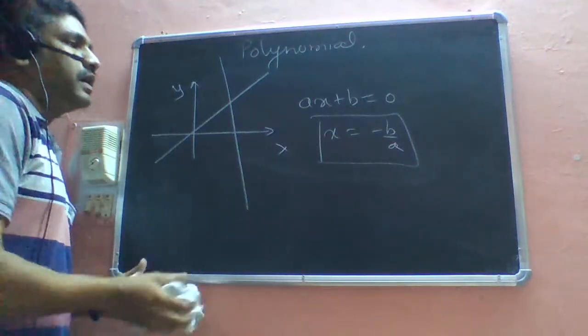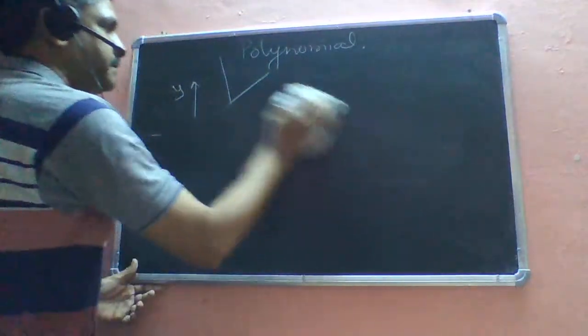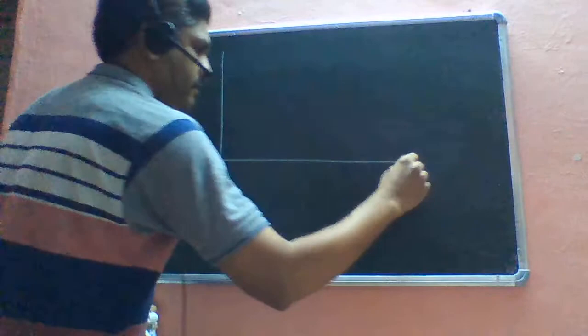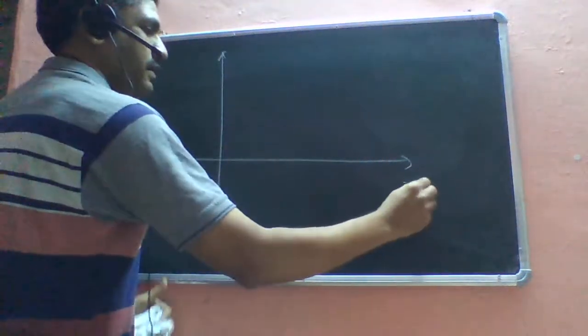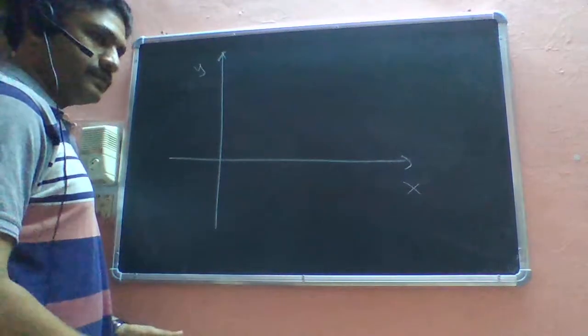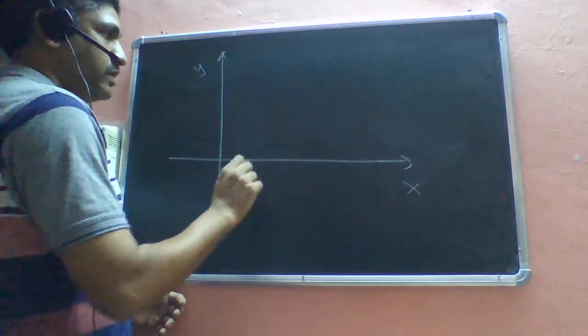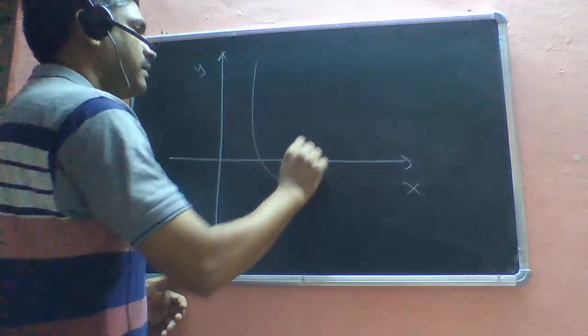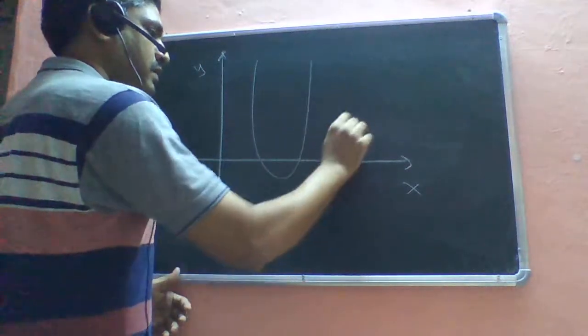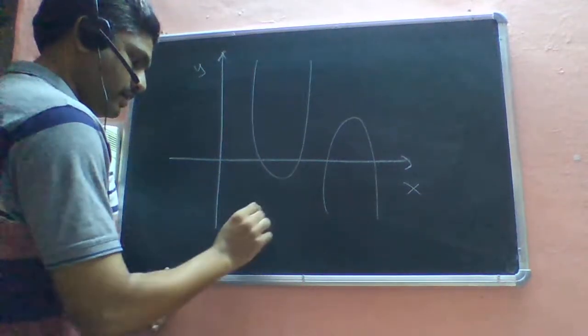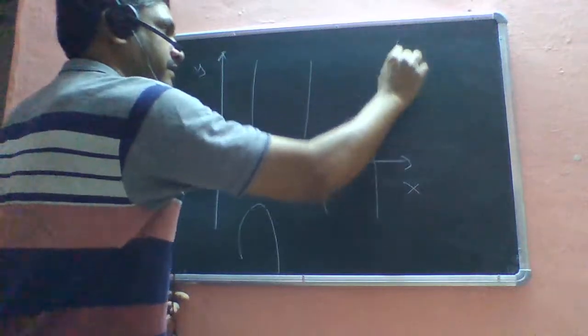Remember, now when there is a quadratic polynomial, this is our x-axis and y-axis. I'm drawing again the x-axis and this is your y-axis. Then your graph is going to be like this, either open upward or open downward, or here also, or sometimes here also.